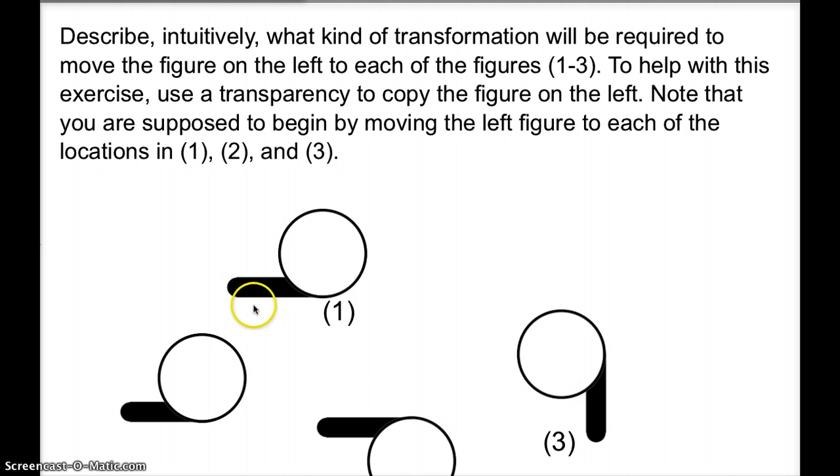So you also have a piece of computer paper with you, so what I want you to start by doing is to draw this shape that's over on the far left. Just trace that over onto your blank piece of computer paper. And we're going to use that to help us figure out how to get to shape 1, shape 2, and shape 3.